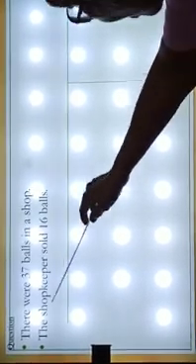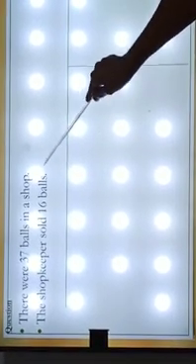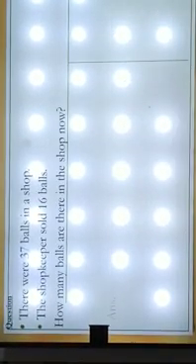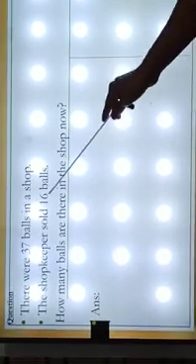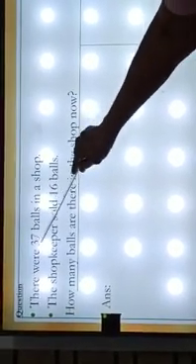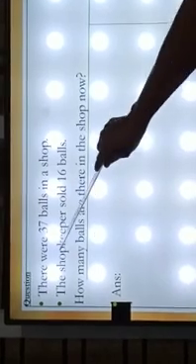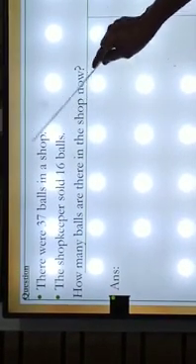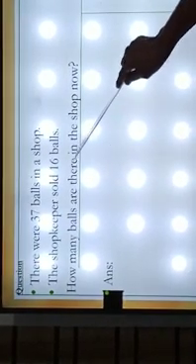Then, how many balls are there in the shop now? So once again you may read, there were 37 balls in a shop. The shopkeeper sold 16 balls. How many balls are there in the shop now?